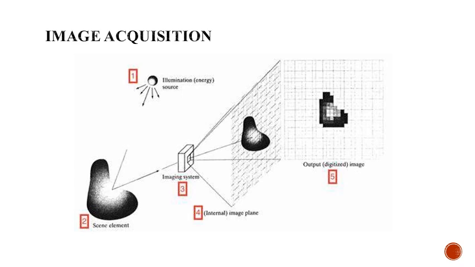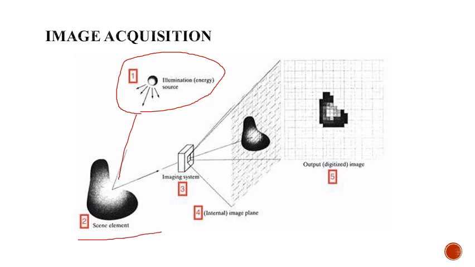So what you see in front of you is a simple image acquisition process which can be easily understood. You should definitely have a source of illumination if you want to acquire an image, which falls on an element which is to be seen.